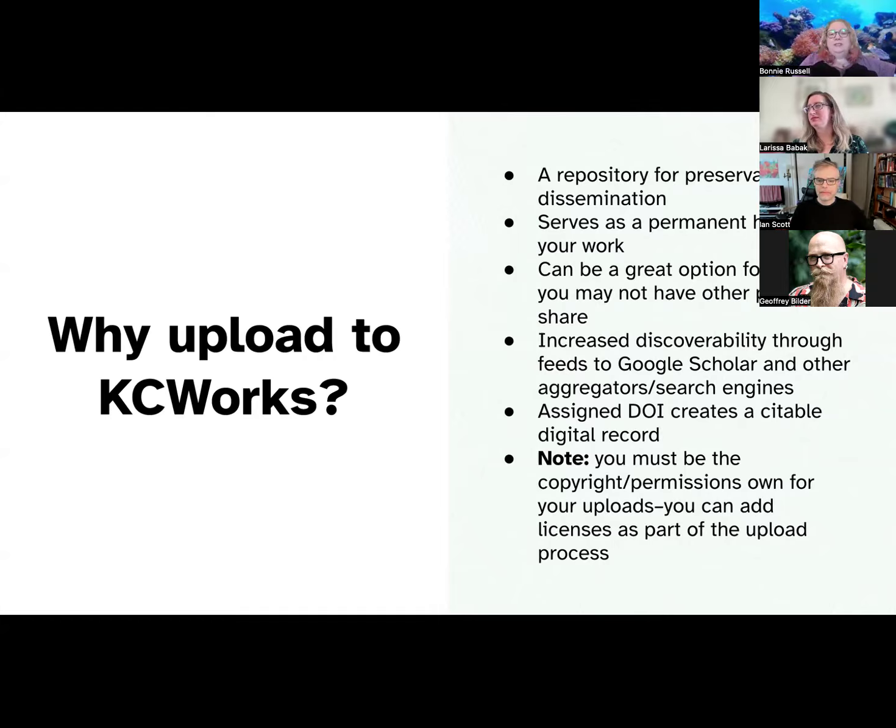So people can actually cite your work and know that that's a persistent link that will continue to point to it. One of the things, though, is that you must own the copyright or have permission from the copyright holder to upload. And you will be asked to add a license, which I'll get into in a second, as part of the upload process. Next slide.